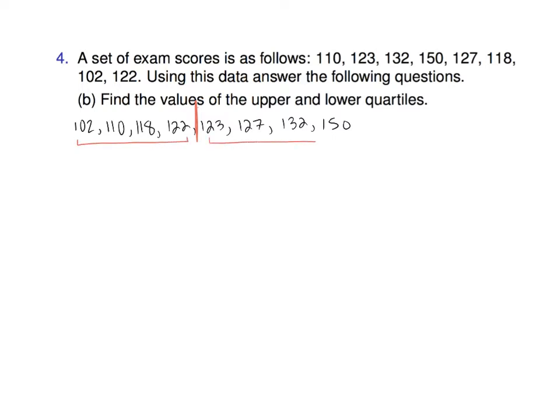To find the upper quartile, we find the median there. So quartile 1 will be the median of the first 4 numbers, and since there are 4 of them, we're going to have to average again. So 110 plus 118 over 2, which comes out to be 114. And quartile 3, once again, is an average, 127 plus 132 over 2, which is 129.5.